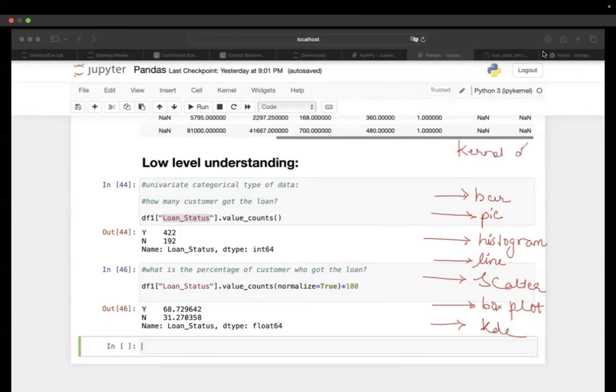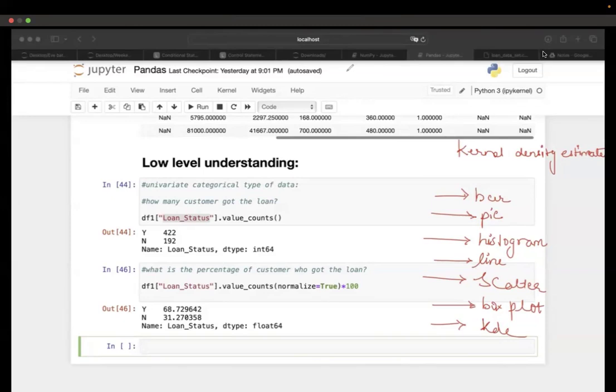It is a type of graph that helps us judge outliers. That discussion on outliers we are going to have tomorrow, not today. The basic thing is that we know how many graphs there are, but we don't know which graph to create in what situation.